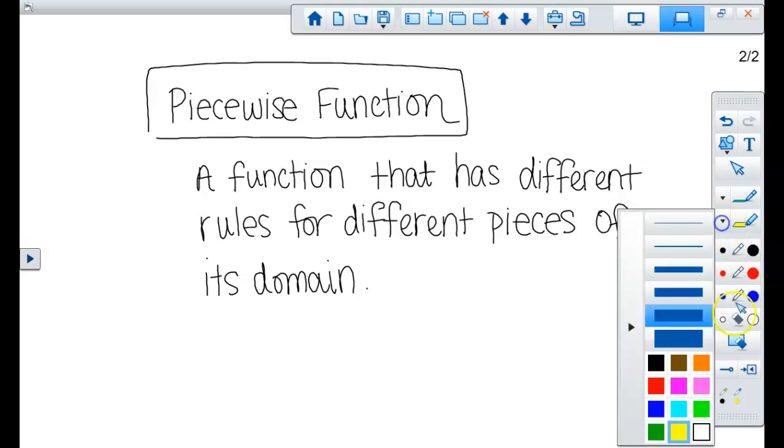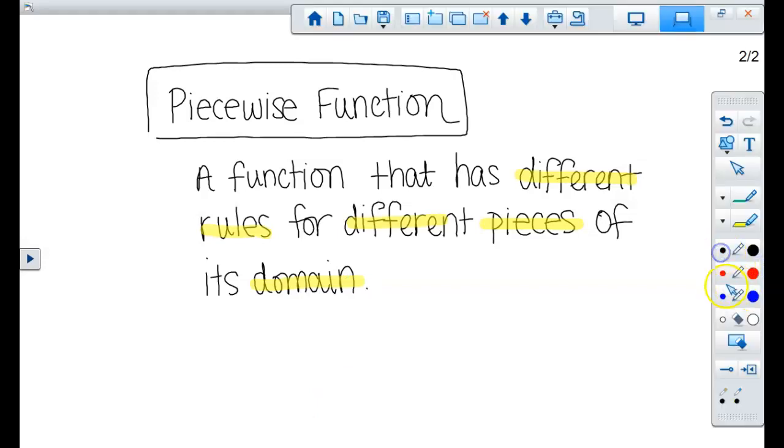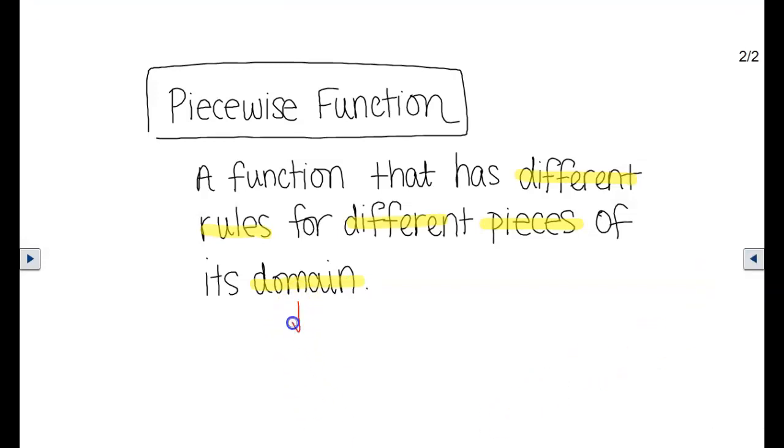So notice what's going to happen here with a piecewise function. It is going to have different rules for different pieces of the domain. Now, recall here what domain is. Domain is your set of inputs, and inputs are always x values.